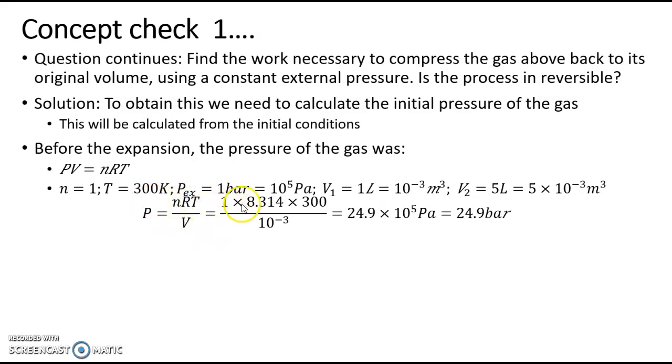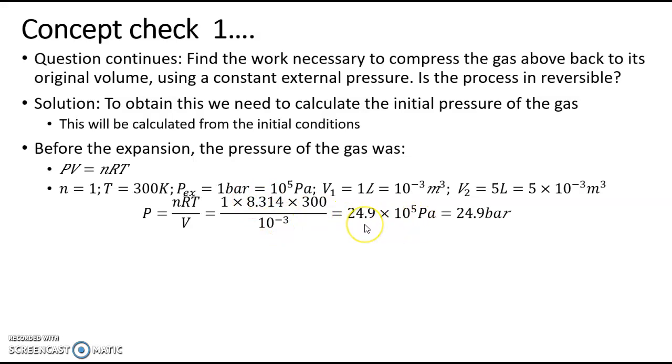n is 1 times our gas constant, 8.314. The unit is joules per mole per Kelvin, and our temperature is in Kelvin, and volume is in meter cubed, which is also an SI unit. So we have everything in SI units.